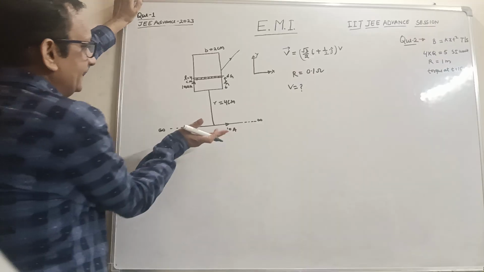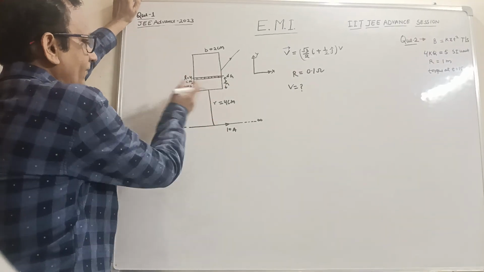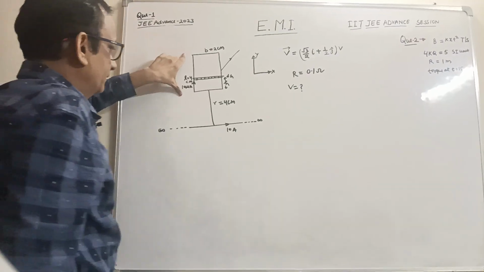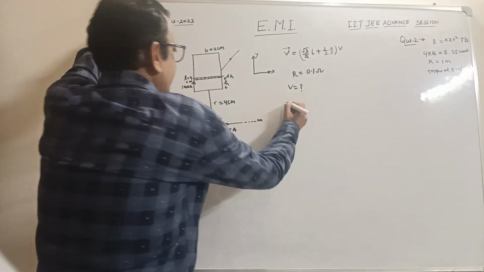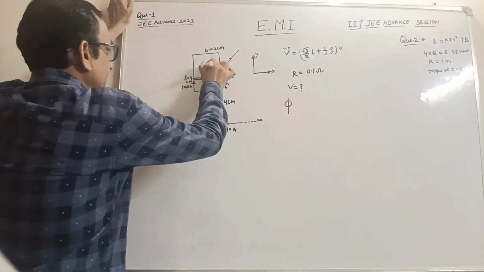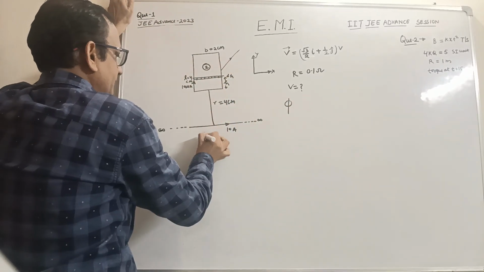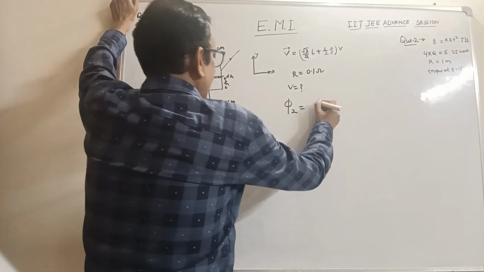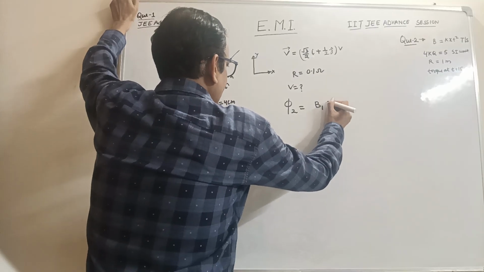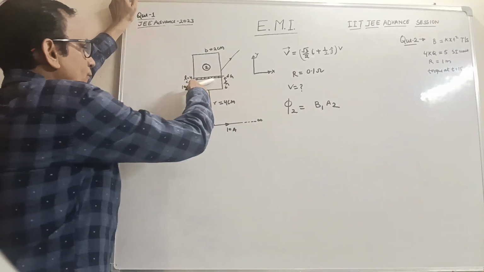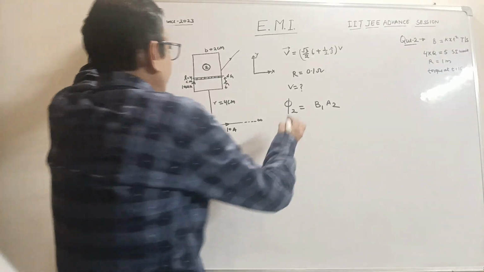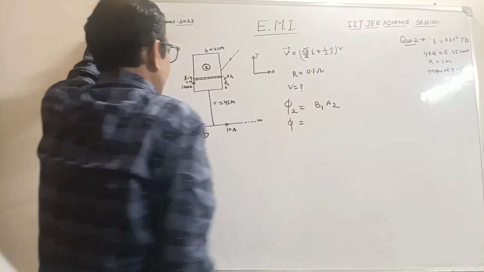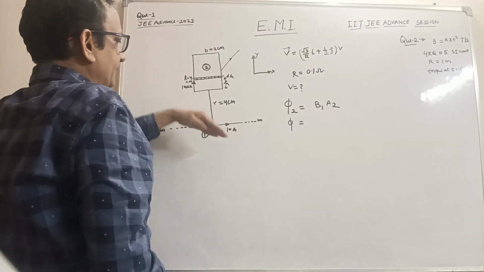So we have to write the magnetic flux through the loop. The magnetic flux through loop 2 due to loop 1 is the magnetic field by 1 times the area of 2. B1 is the magnetic field by the wire.